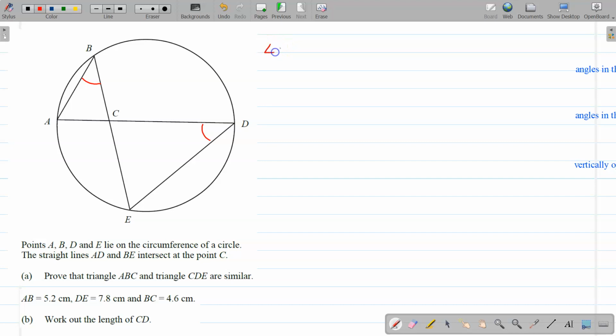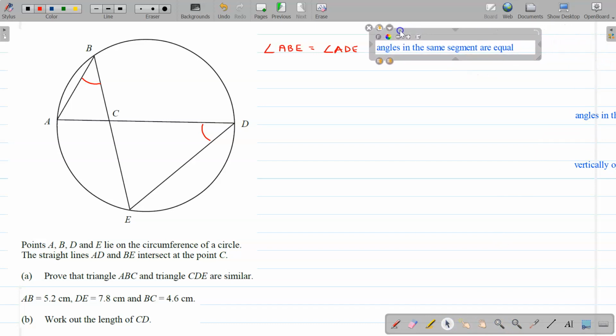So angle ABC is equal to angle, well, it's better to call it ABE rather than ABC, because that's showing the two points it's come from. It's the same as angle ADE, and the reason they're the same is because they are angles in the same segment.